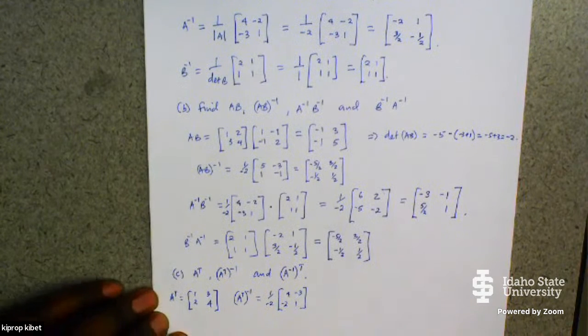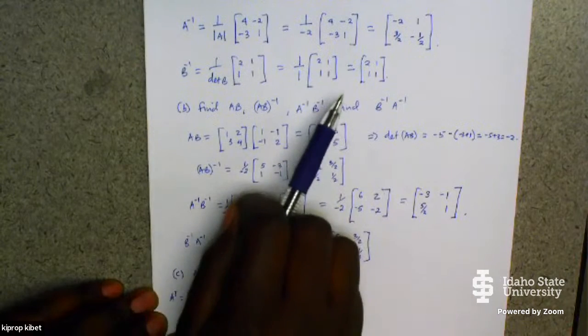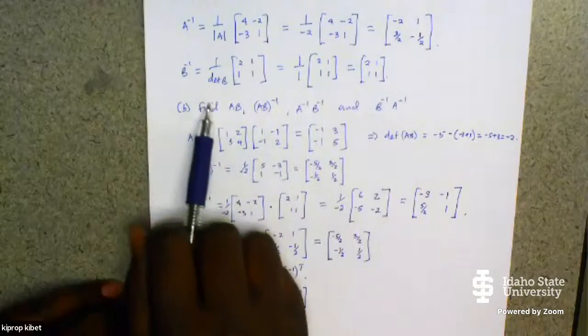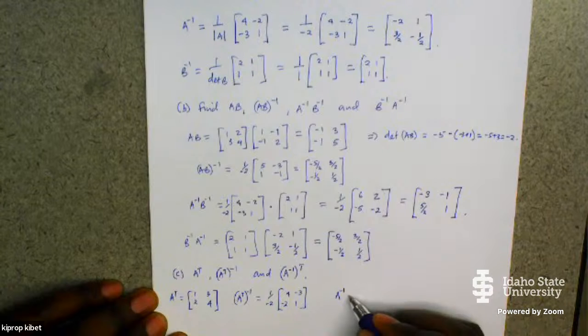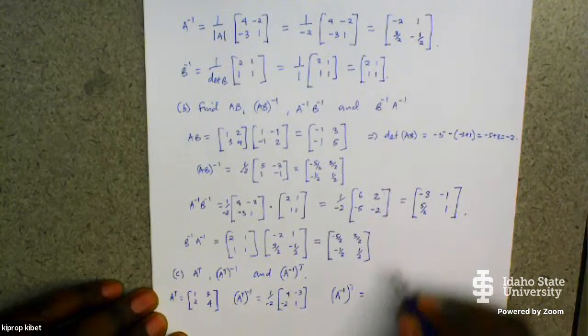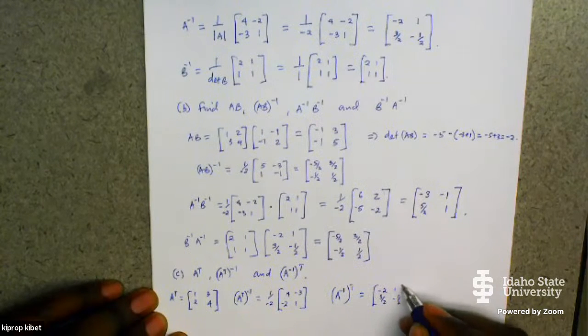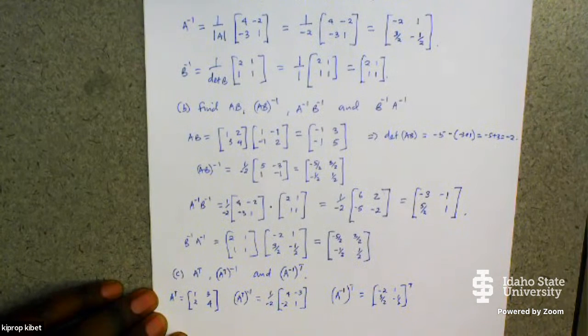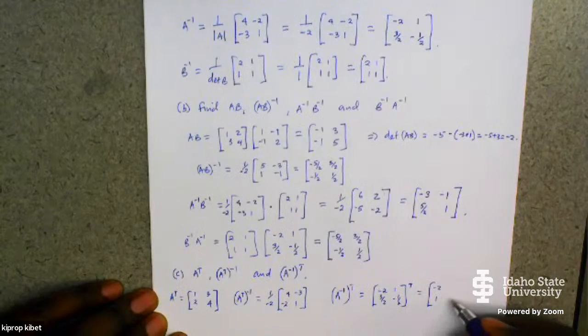Okay, and then A inverse, we have the A inverse here, which is this. So A inverse transpose is the same as A inverse, which is minus 2, 1, 3 over 2, minus 1 over 2, and then we transpose, which is the same as minus 2, 1 here, and then 3 over 2 there, and then minus 1 over 2.